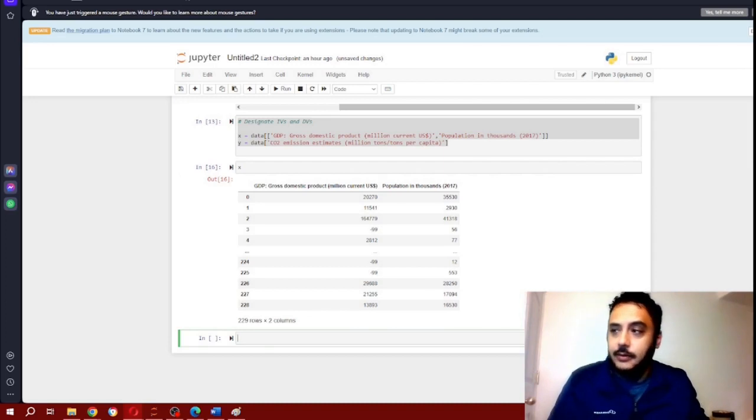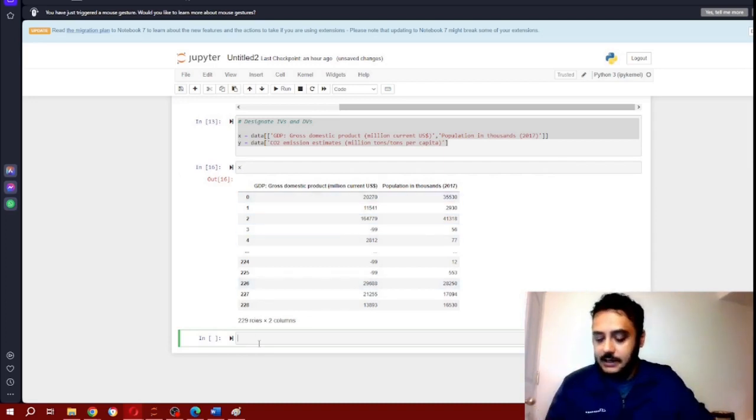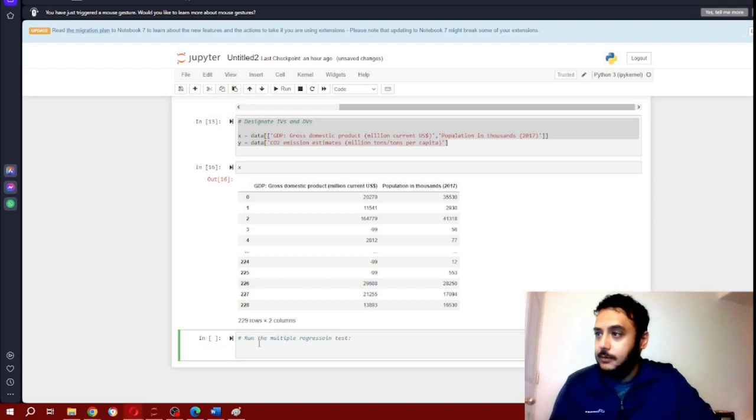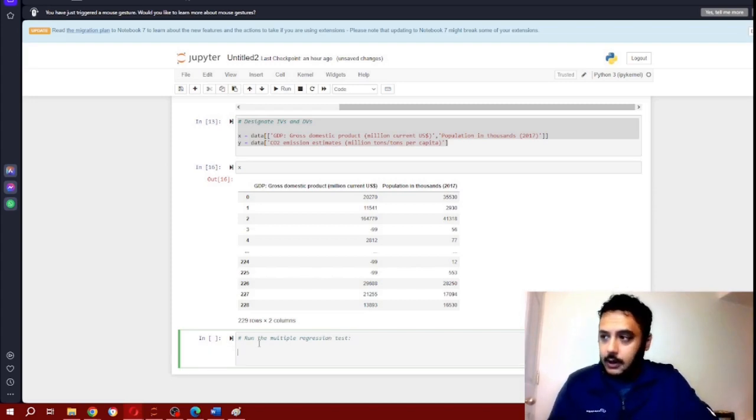All right, so now that we have designated our IVs and DVs, now we're going to run our test. I'm going to run the multiple regression. Oh, I made a mistake with regression. So I'm going to say x equals sm.add_constant. Remember, it's almost similar to running a simple linear regression.